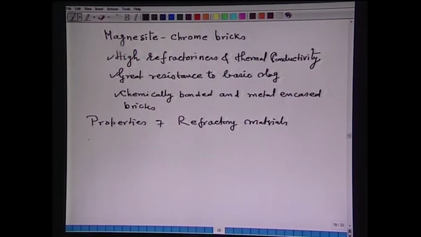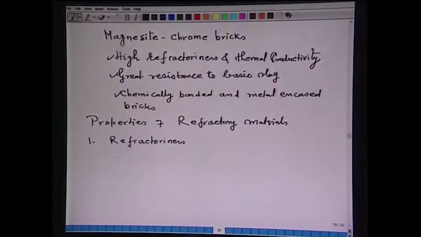First important property is refractoriness, or fusion point. This is the temperature at which a refractory will deform under its own load.